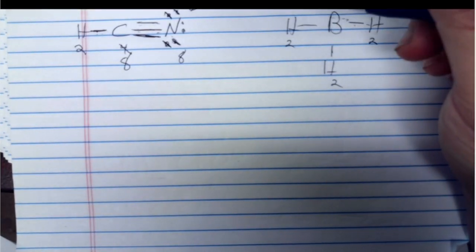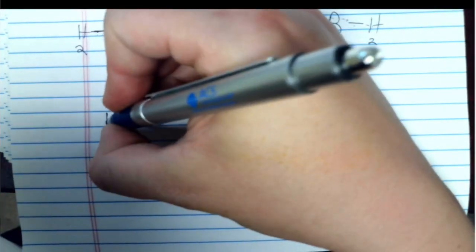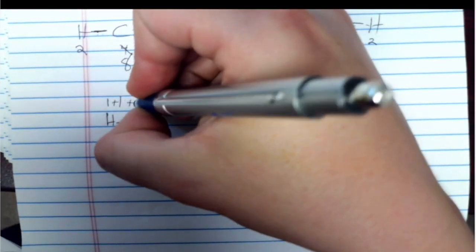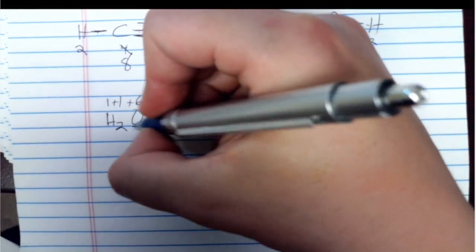Occasionally that happens. I'm thinking of one fresh straight off my head. Let's say something really easy. H2O. 1 plus 1 plus 6. 8 electrons. O is the first non-hydrogen element.